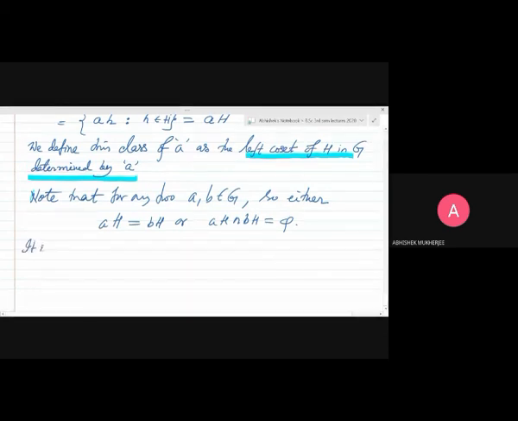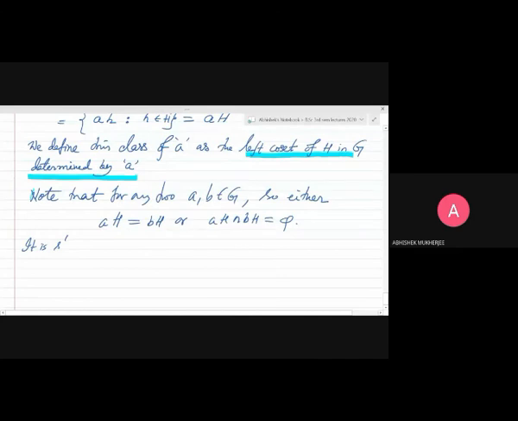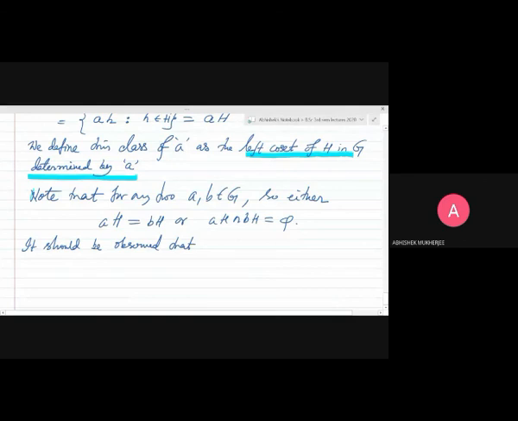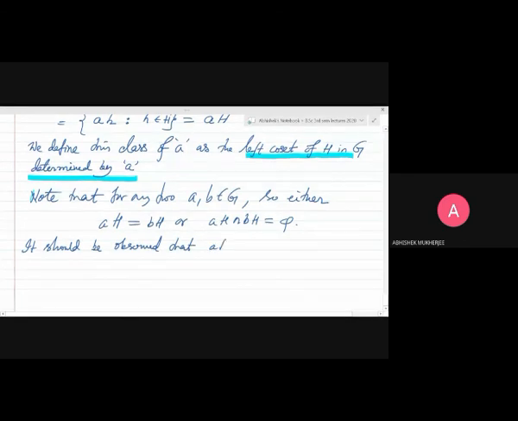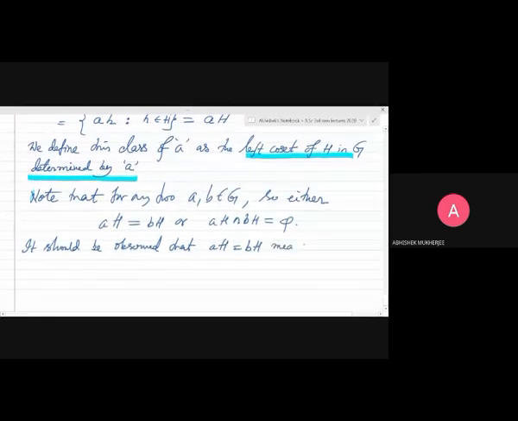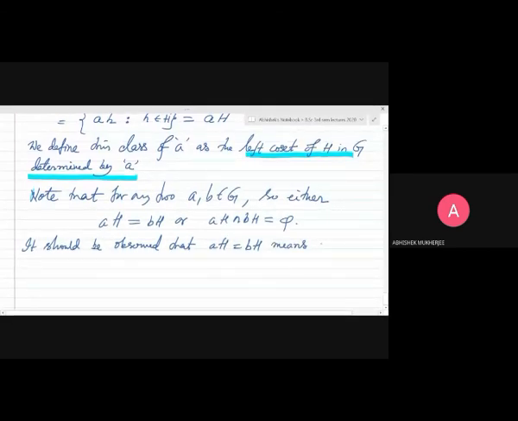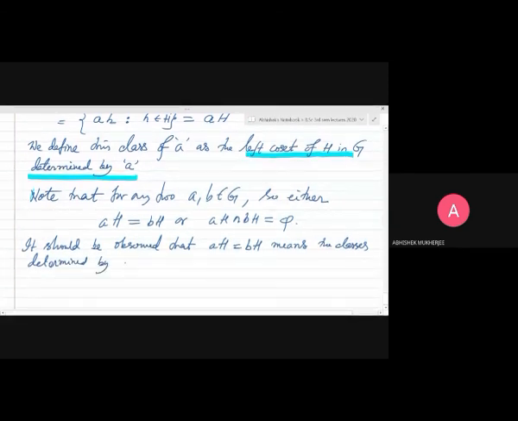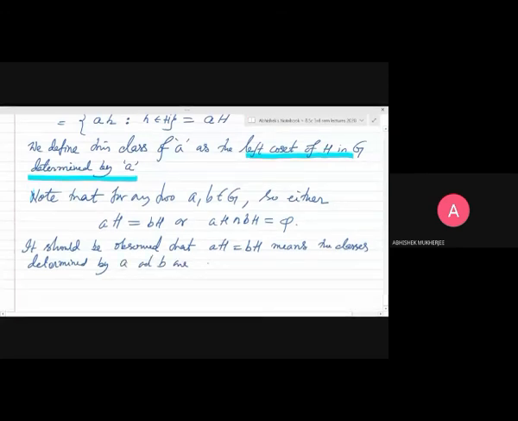Now it should be observed that a H equals b H means, what does it mean? It means the classes determined by a and b are the same, right?